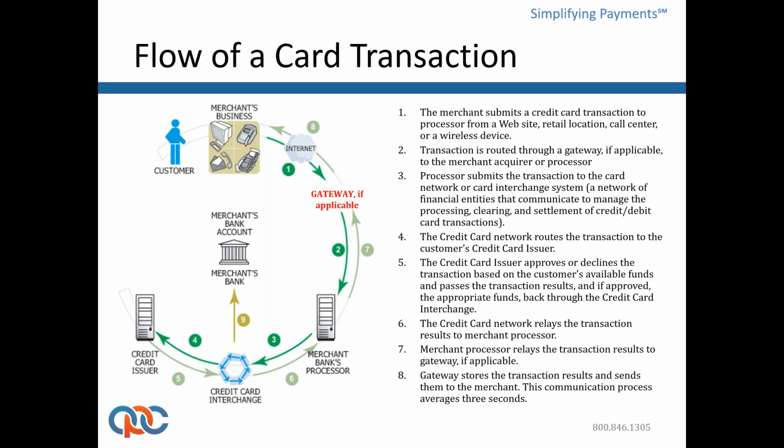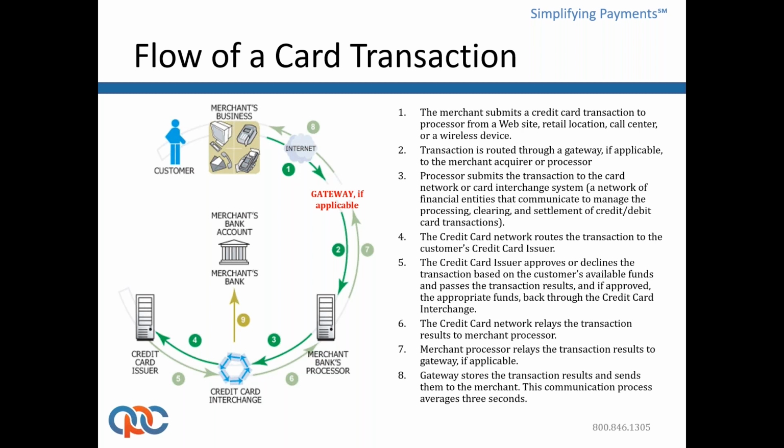They're going to take those transactions to the card issuer, the bank that originally issued that card, for an authorization request. And that response from the issuer is going to flow back through the card networks, through your processor, through your gateway or your payment terminal, back to you. That process typically, if you're using an IP connection, takes less than 2 seconds.